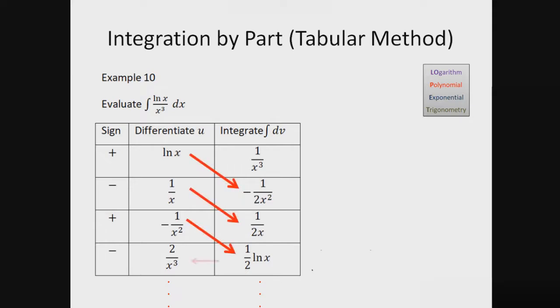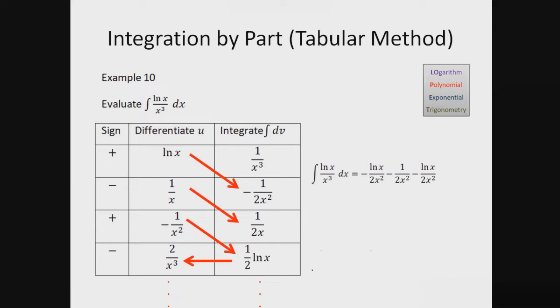Okay, so the integral of ln x over x cubed dx is equal to, as you can see, the positive sign at the first row, connected to ln x. Follow the arrow, then we multiply by negative 1 over 2x squared. So the first term here is negative ln x over 2x squared. The second term is connected to the negative sign, multiplied by 1 over x.